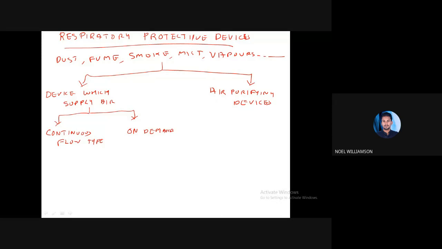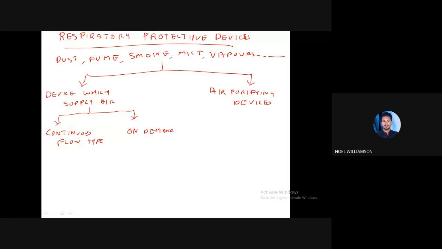In the second case, the demand type, the air will be supplied only on demand. That means whenever he inhales, a demand valve will open, and then the supply will be given.